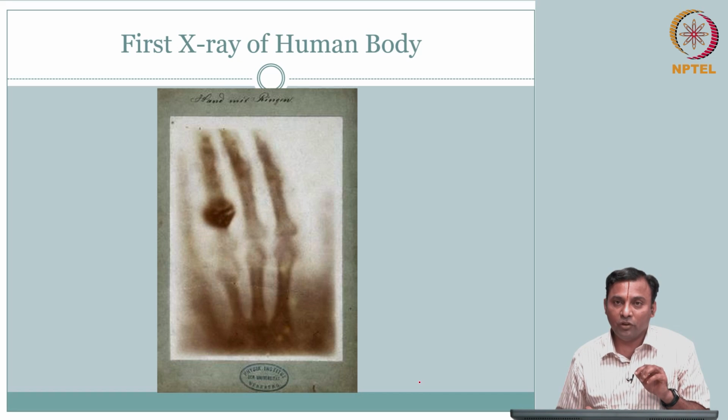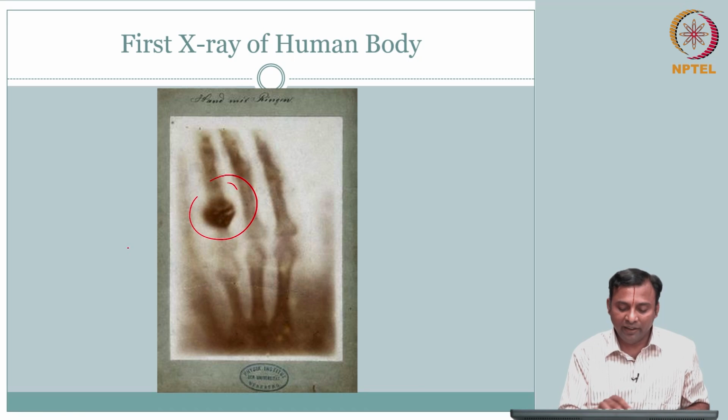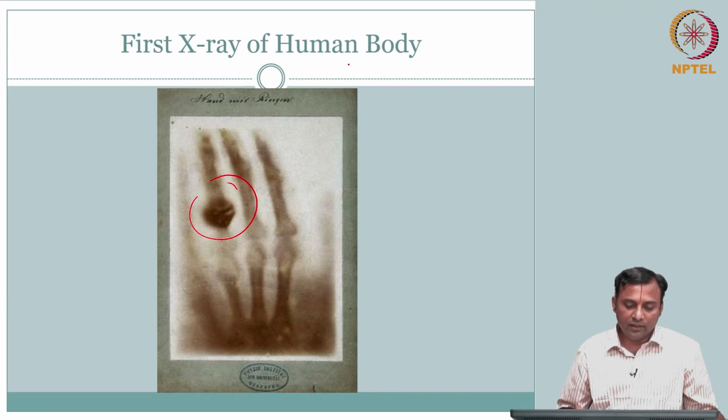We just talked about Roentgen, who accidentally discovered X-rays and immediately was smart enough to recognize their application in medicine. So what did he do? He asked his wife. She showed her hand, and this is their wedding ring. So this happens to be the first medical image, the first X-ray of the human body, a hand.